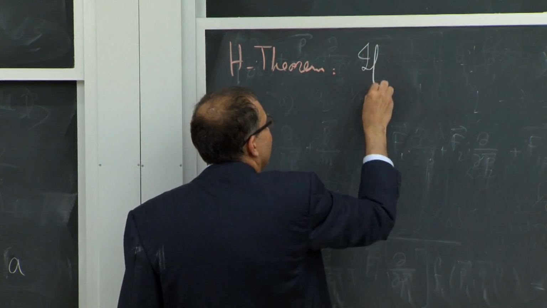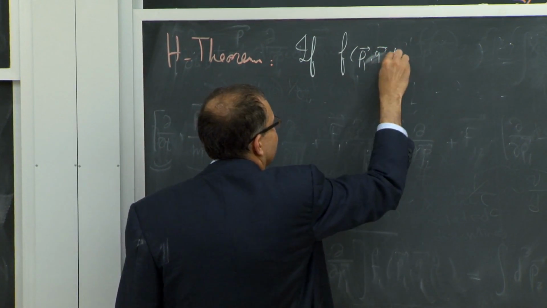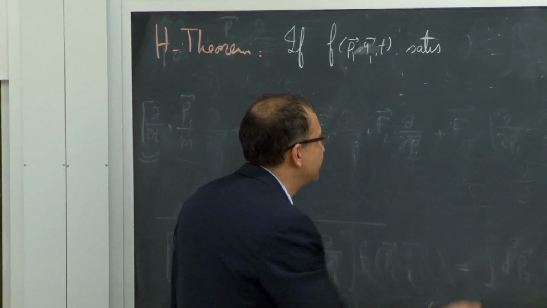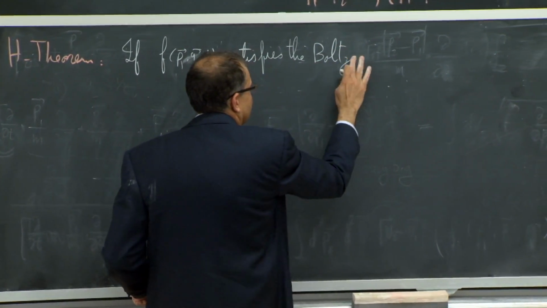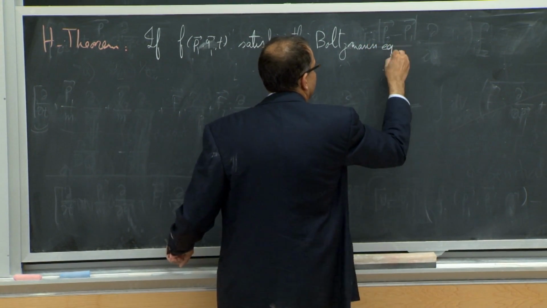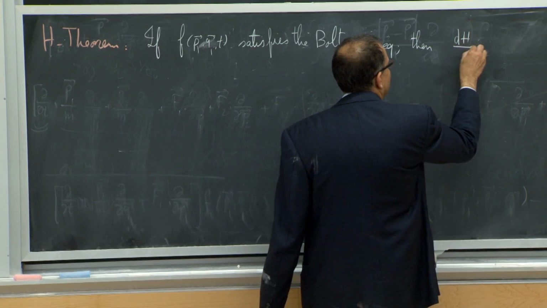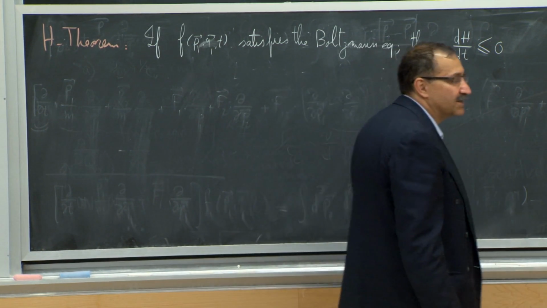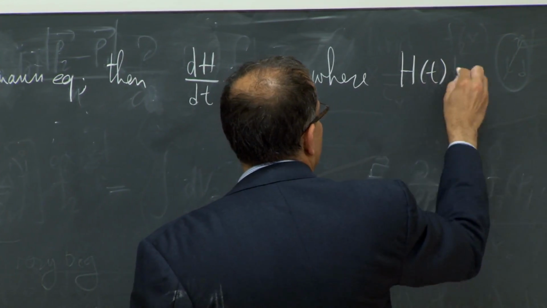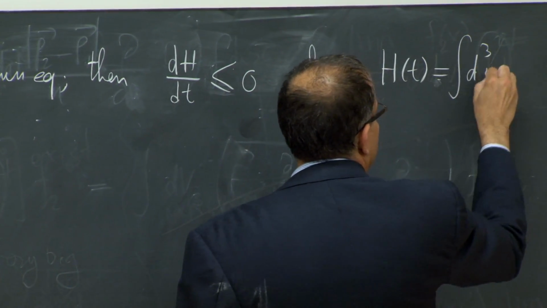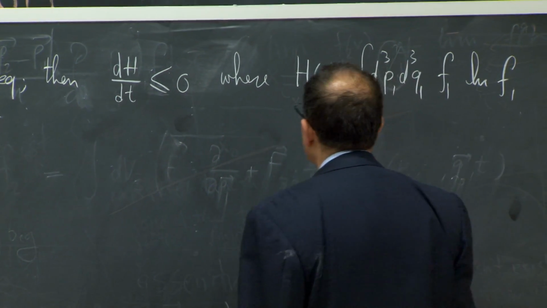If f of p1, q1, and t satisfies the above Boltzmann equation, then there is a quantity H that always decreases in time, where H is the integral over p and q of f1 log of f1. Okay?